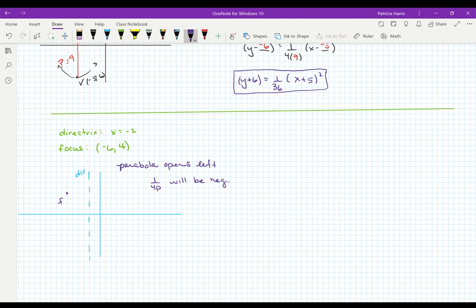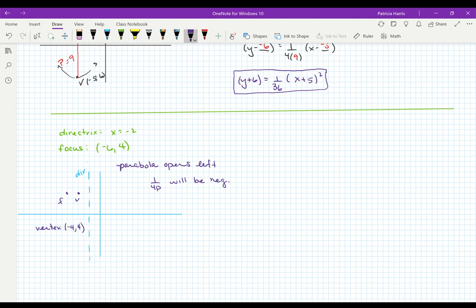Now I also know that the vertex must be in the exact middle. So I need to find the middle between the directrix and the focus. My vertex is right there. Using my graph, it is at negative 4, positive 4.